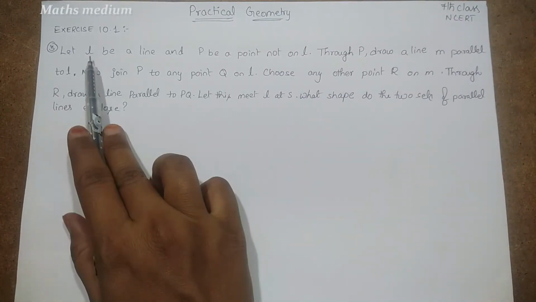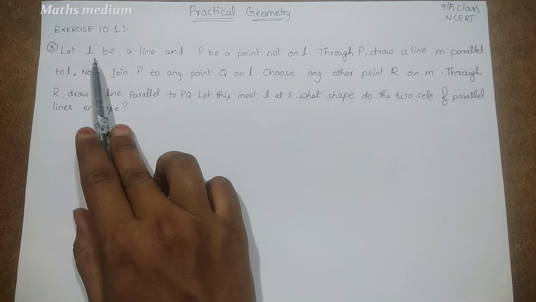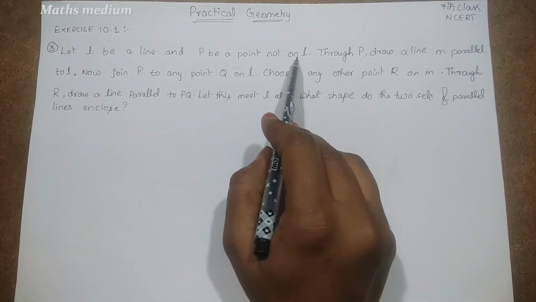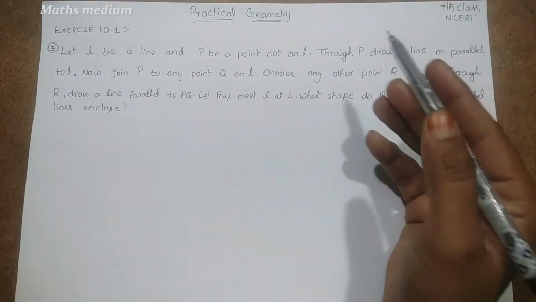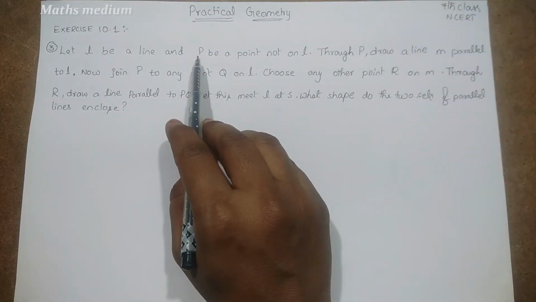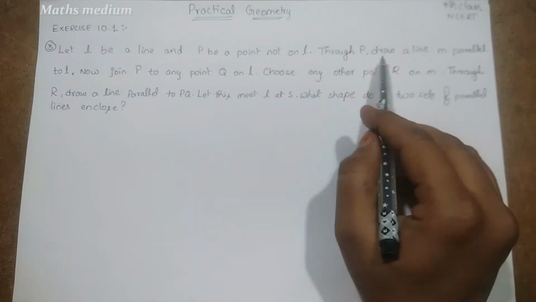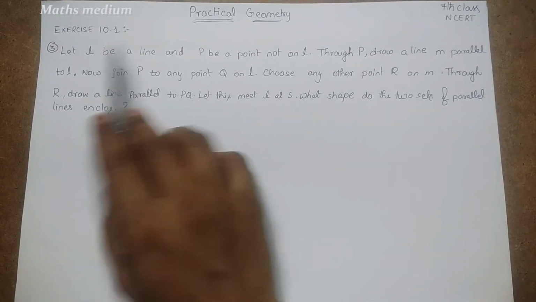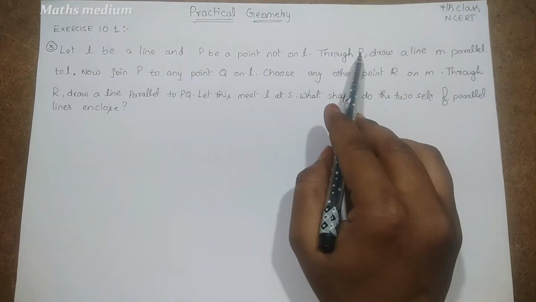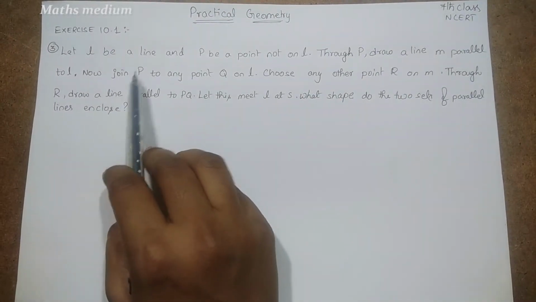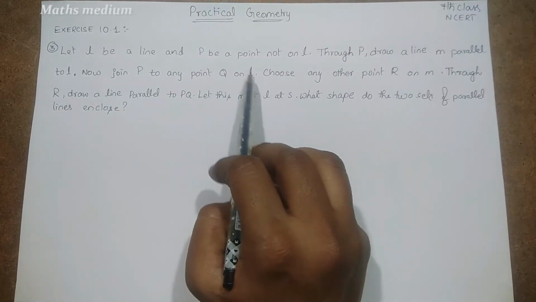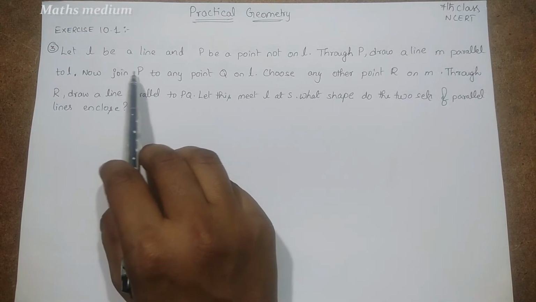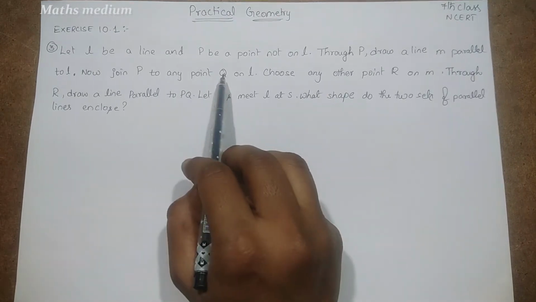So first of all we have to take line L. After that we have to put a point P not on line L. From P draw a line M parallel to L, so that line L is parallel to M with the point P. Now join P to any point Q on L. So on line L we have to mark a Q also, and join P and Q as well.